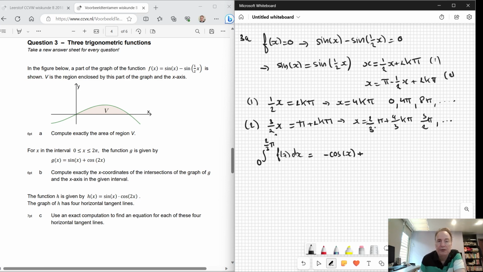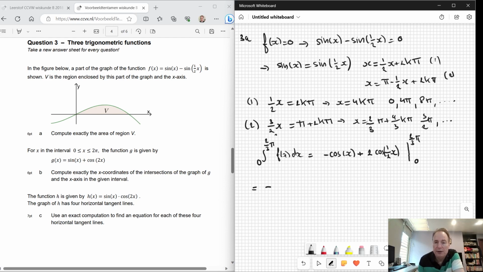So here we get a plus, and with the chain rule, if we do it for sine 1/2 x, we pick up a factor 1/2 that we need to compensate for. So you get a factor 2. And I can double check it by actually taking the derivative again and show that it's equal to the function. And this whole thing between 2/3 of pi and 0.